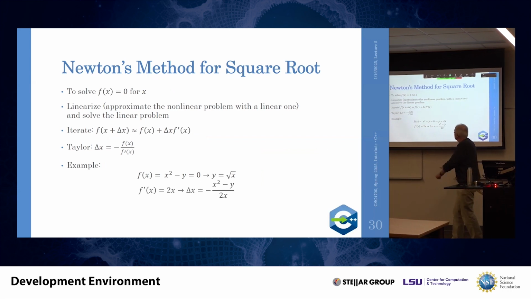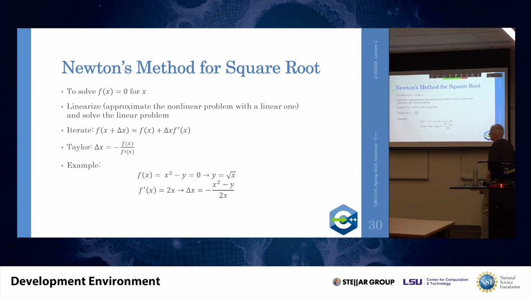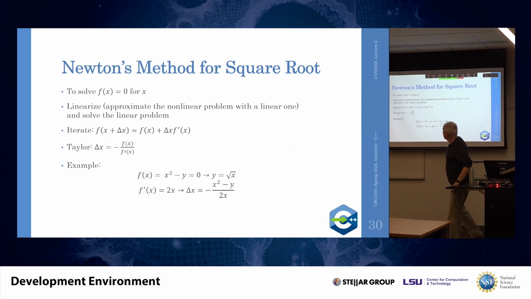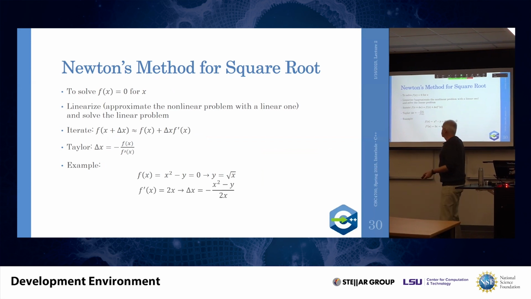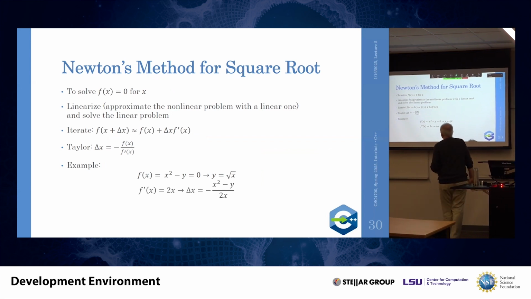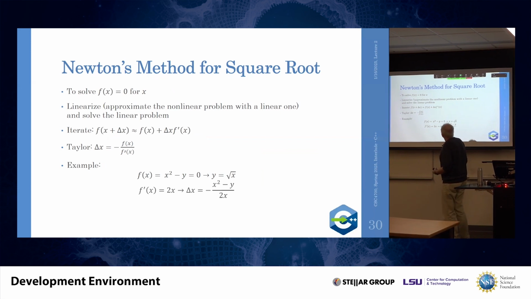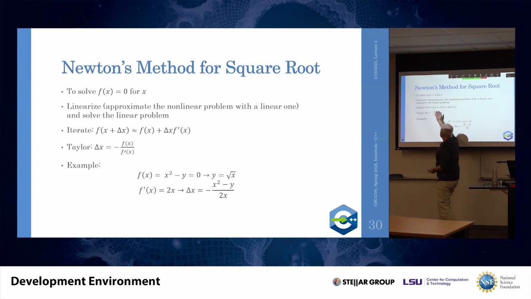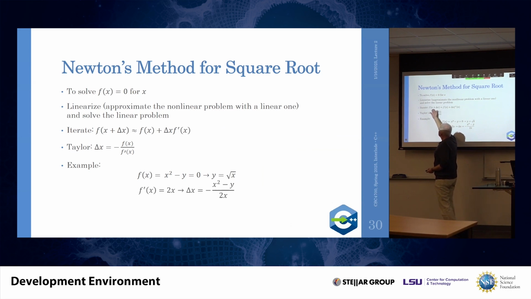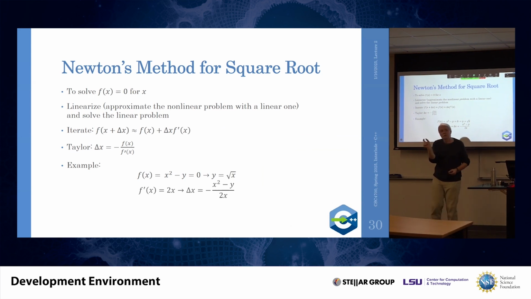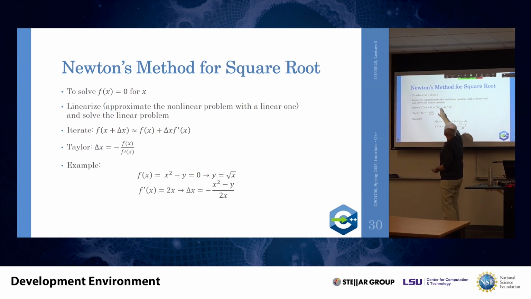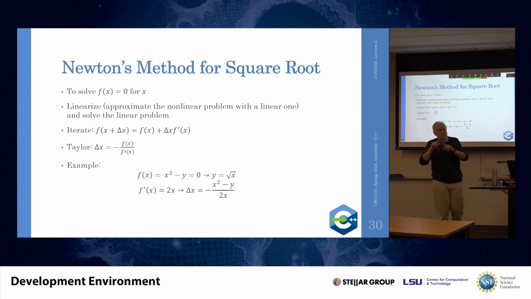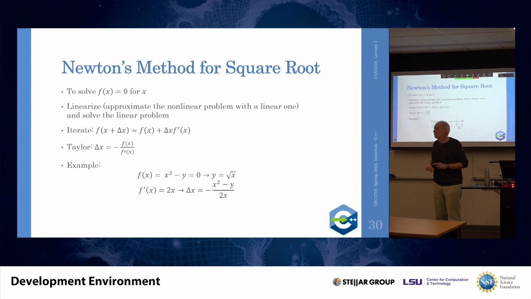Just an example, since we are doing scientific computing here, let's do a bit of scientific computing. Let's solve square root. We want to find the square root of a number. The easiest way to do that, and we will talk about that in more detail later, is to use a method that relies on the fact that the value of a function at point x plus a very small delta x is roughly the same as the function of x plus delta x multiplied with the gradient at that point.